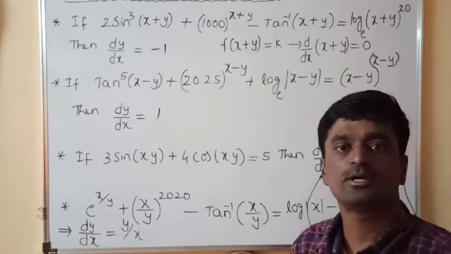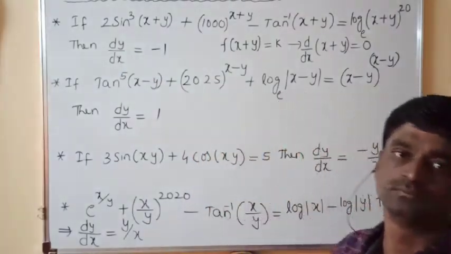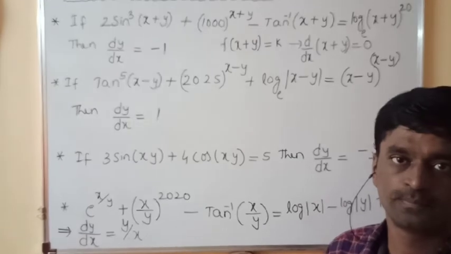That means 1 plus dy by dx equals 0, or dy by dx equals minus 1. That is a short trick.